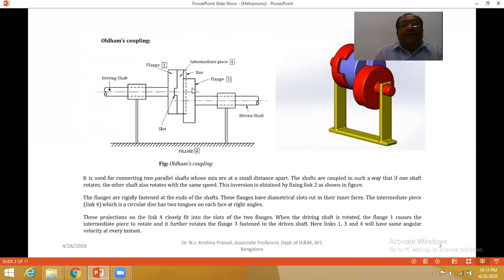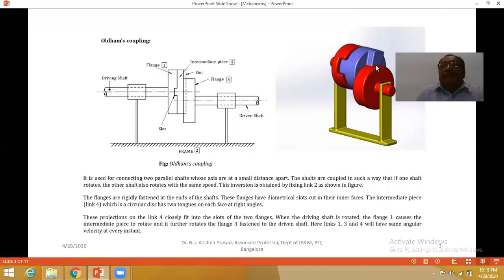Flanges 1 and 3 are rigidly fixed to the driving and driven shafts. The slot is made in flanges 1 and 3 diametrically, as shown here. And in the intermediate piece, tongues are made, which are perpendicular to each other.